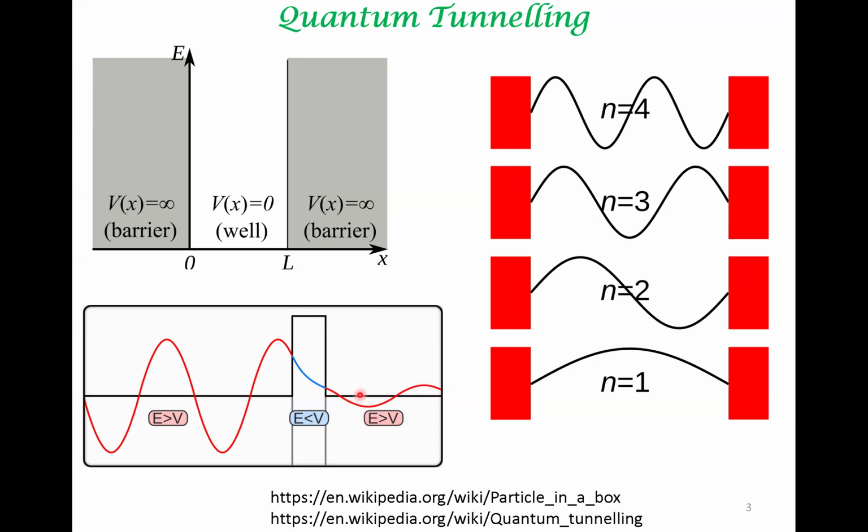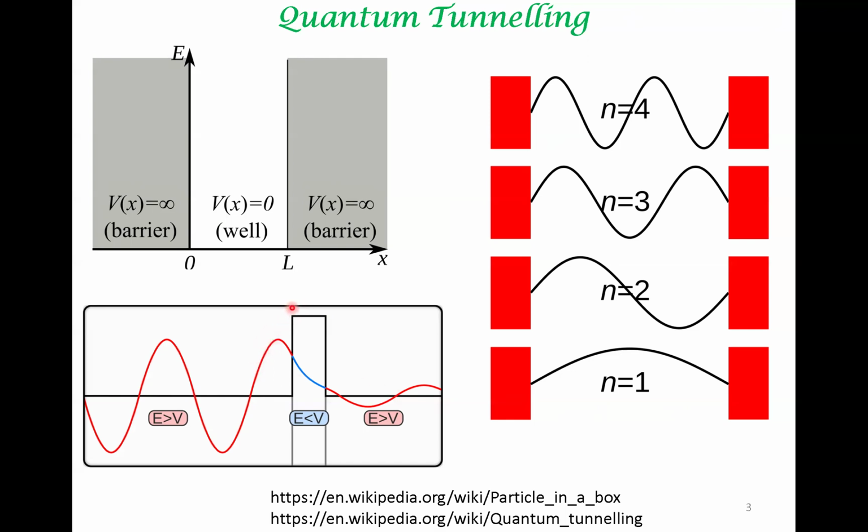In this region, again, the energy is greater than the potential energy. But only in this narrow region, the energy is less than the potential energy. So this is something like an activation barrier. And within quantum mechanics, the particle can tunnel through. So what do you mean by tunnel through? It doesn't overcome it.